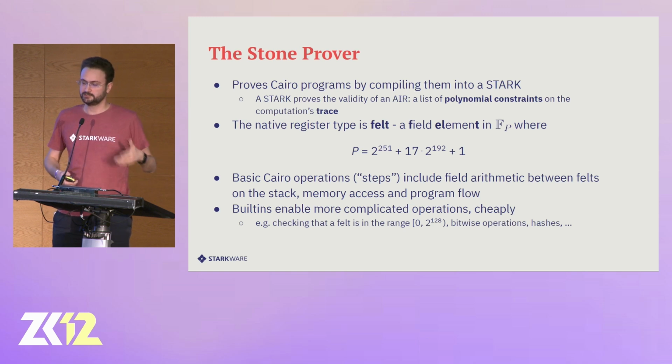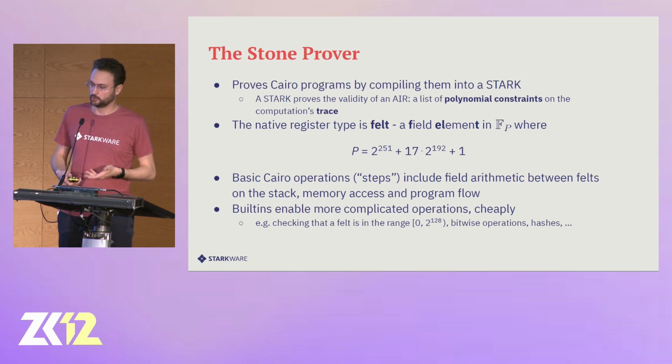So for that purpose, some operations we allow using built-ins, which implement some of these operations directly by polynomial constraints instead of using the Cairo steps, which are then turned into polynomial constraints. So for example, range checking, as was just mentioned, can be such a built-in, just direct polynomial constraints.